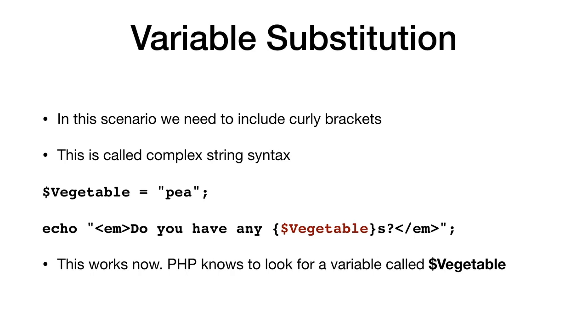And what we have here is, it sees the open bracket, then $vegetable, close bracket, and it goes, okay, the variable I'm looking for is called vegetable. Yip-de-doo, vegetable is there. And then we can put the s and the question mark straight after it. So this will say, do you have any peas? Question mark, and that'll work fine. But we need this rather elaborate syntax to make that work.